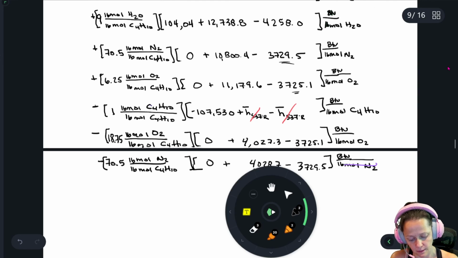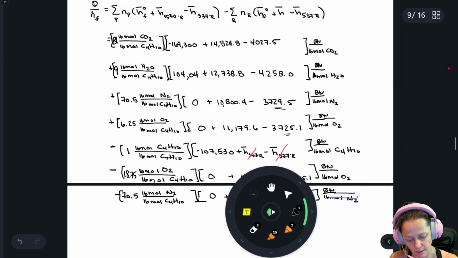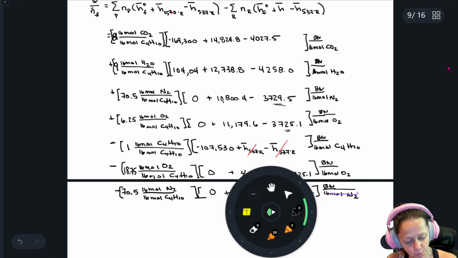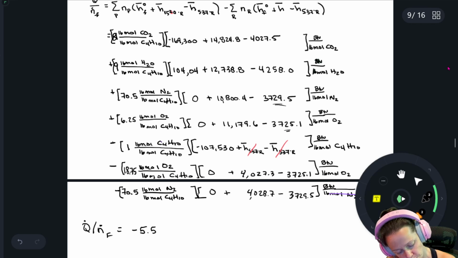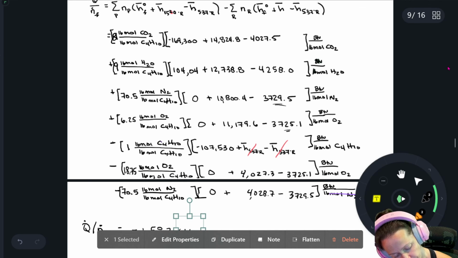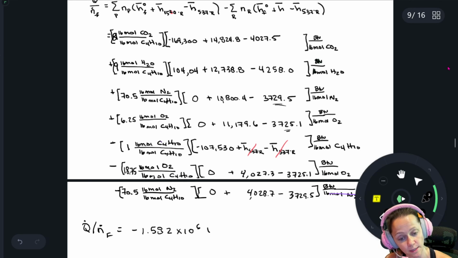All right. Man, that was a rough problem. If we plug it all in, let's see what we get. Q dot over N dot of my fuel, I end up getting negative 1.582 times 10 to the 6th BTU per pound mole.